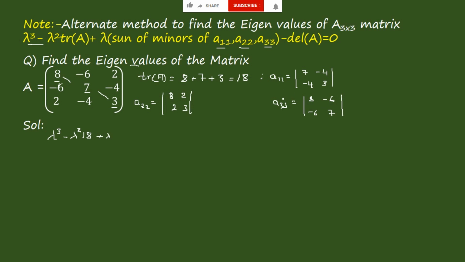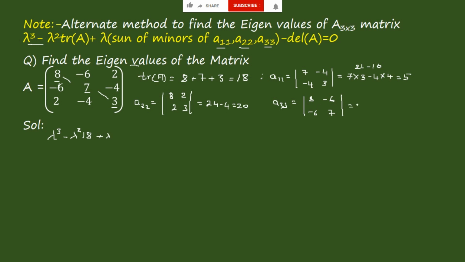Now defining the determinant of each one of them, it becomes 7 into 3 minus minus of minus, it becomes 4 into 4, right? 7 into 3 is 21 minus 16, it becomes 5. Again find the respective value. It comes 8 3 is 24 minus 2 into 4, which is equal to 20.